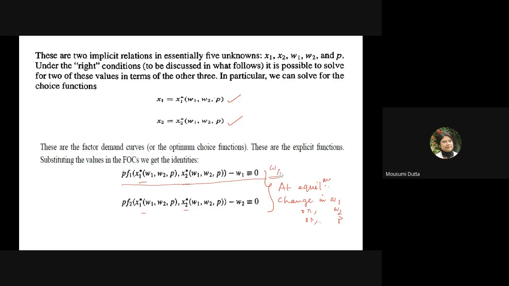F1 is a function of X1 and X1 is a function of W1. So the expression will be P del F1 by del X1 into del X1 star by del W1 plus P del F1 by del X2 into del X2 star by del W1 minus 1.